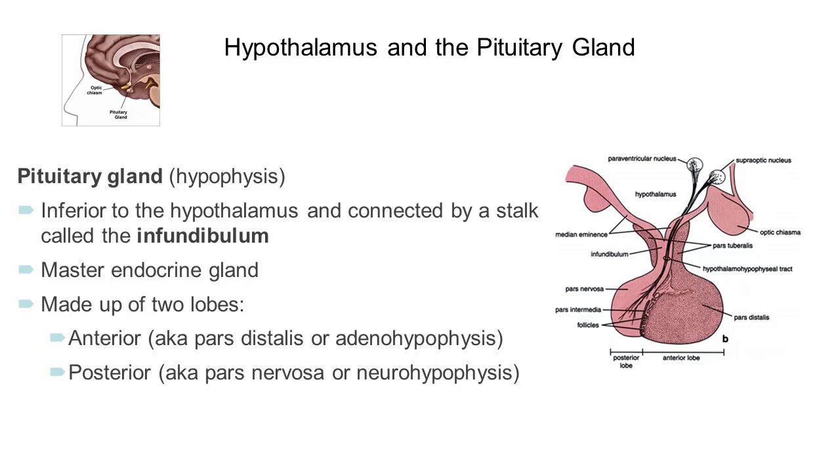So when we look at where we find the pituitary gland, this is like a little grape that is hanging just inferior to the hypothalamus. Here we see the optic chiasma. If you're looking at the brain in lab, I think we did that last semester, you probably and hopefully saw where the optic chiasma was.